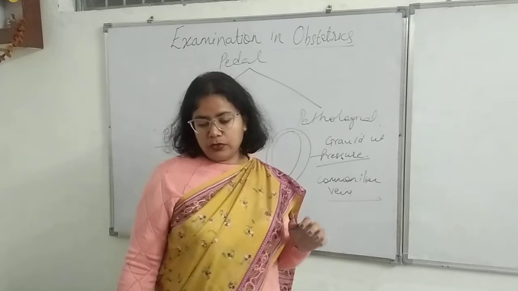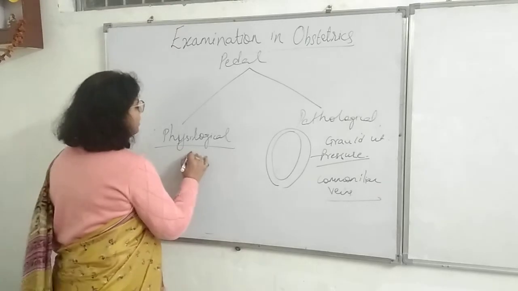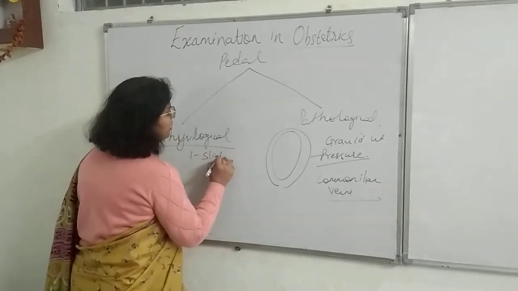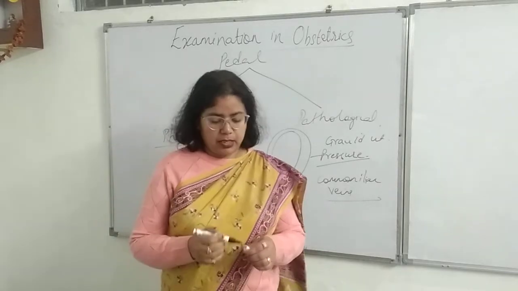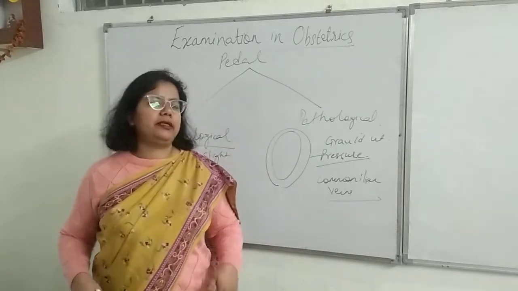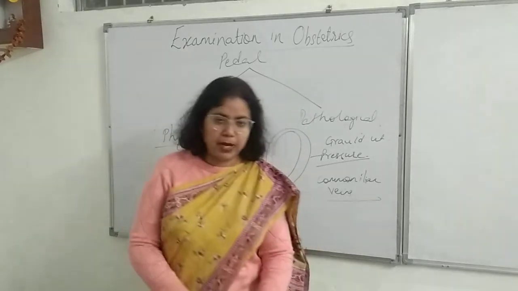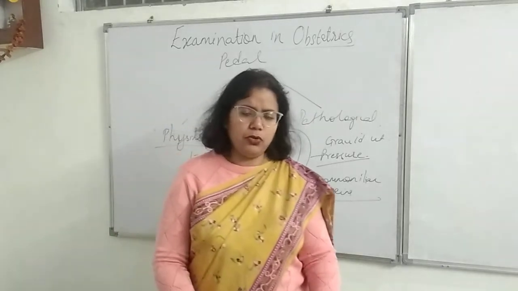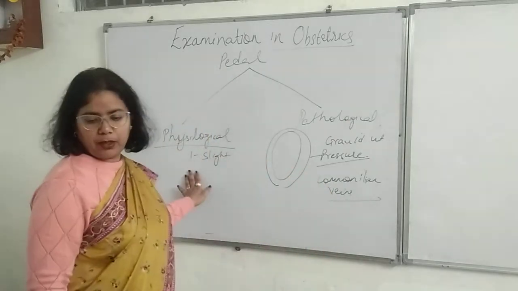There are a few signs. Number one, the edema is slight. It's not like the whole leg is swollen up till the groin. If it is swollen all the way up, it is not physiological edema. If she is having edema only in the lower part, the lower one third or so, that means it is slight. It may be physiological.